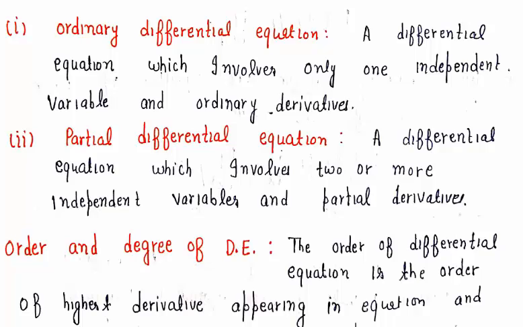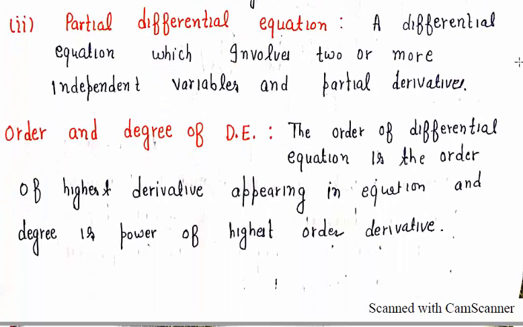Now after this we discuss the degree and the order of a differential equation. What is the meaning of the order and the degree of a differential equation? The order of the differential equation is the order of the highest derivative appearing in the equation, and the degree is the power of the highest order derivative.